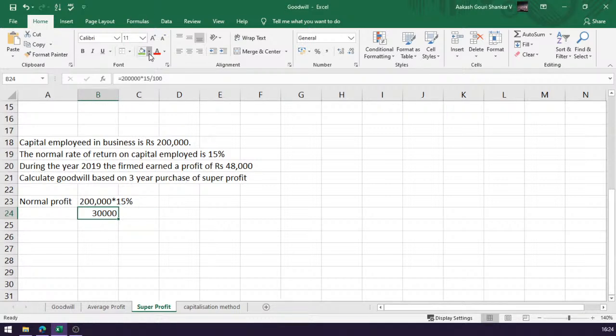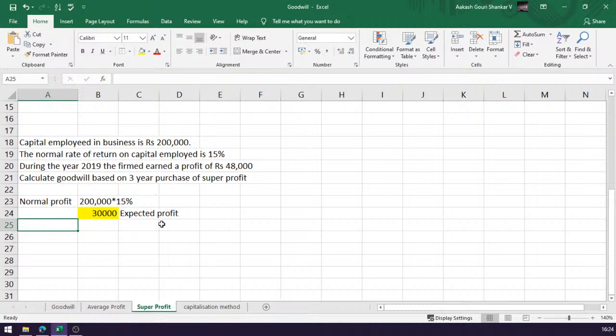So I can highlight this is the expected profit. And what is the actual profit? During the year 2019, the firm has earned a profit of 48,000 rupees. But our normal profit is only 30,000 rupees. There is a super profit of 18,000 rupees.